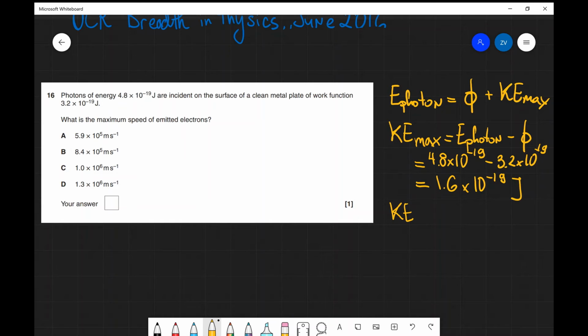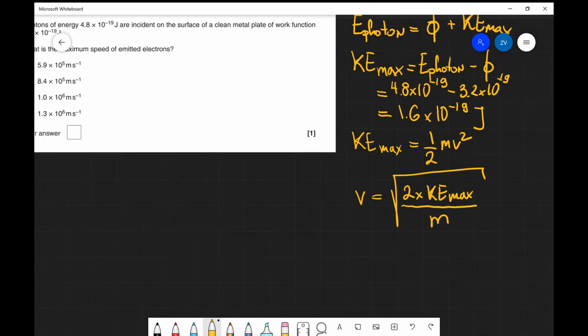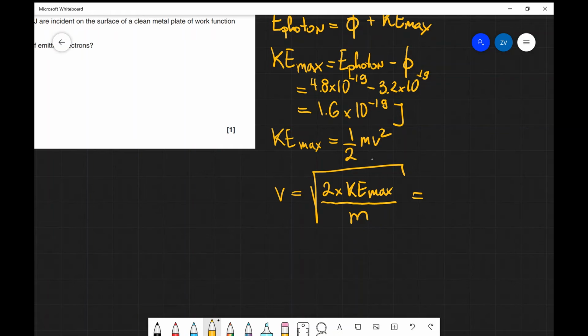Now remember, K max is just kinetic energy, so that's equal to a half mv squared. So what we can do is just rearrange for the velocity. So we can say that the speed is actually the square root of, if I move the 2 up there on the other side, twice your maximum kinetic energy divided by the electron mass. So just looking up some numbers and plugging in, twice the kinetic energy in this case is 1.6 times 10 to the power of minus 19 joules.